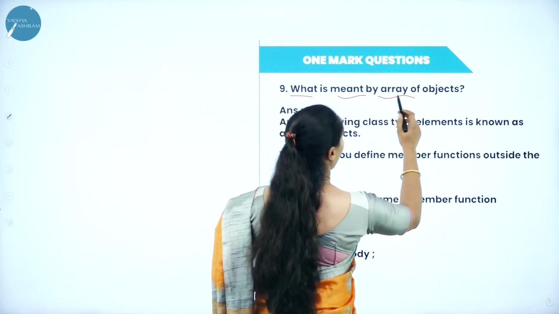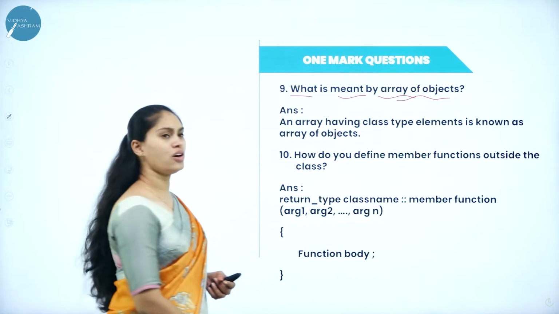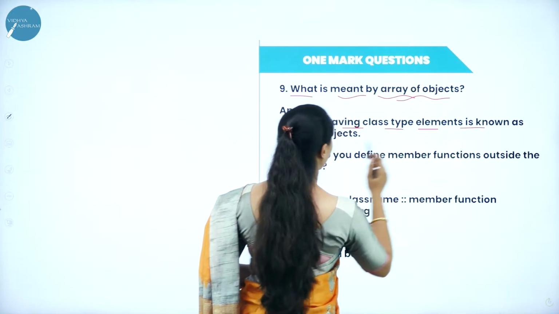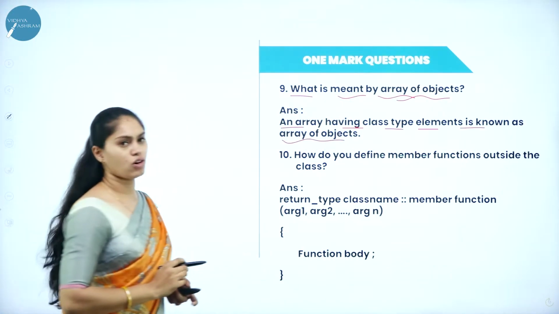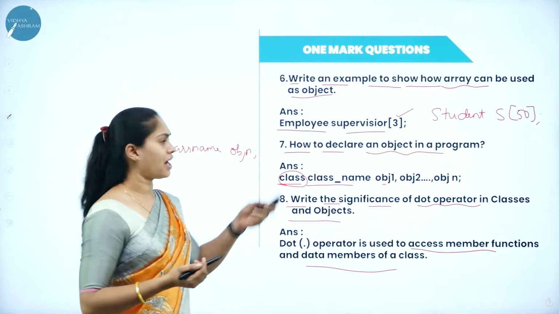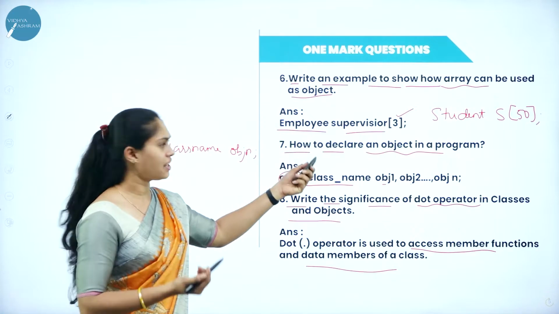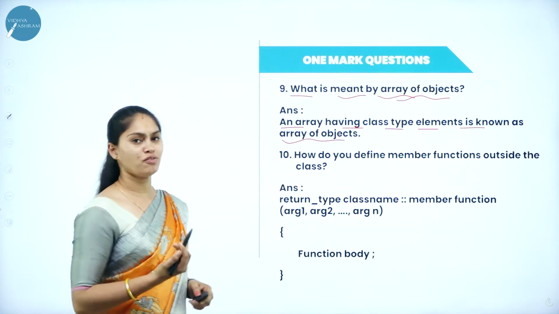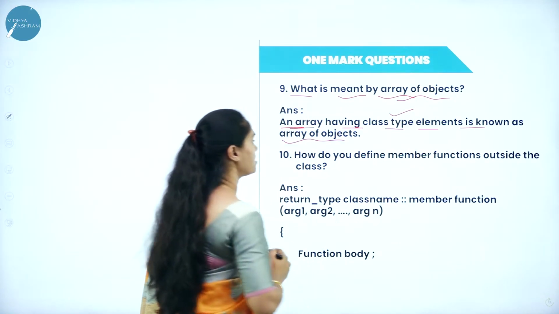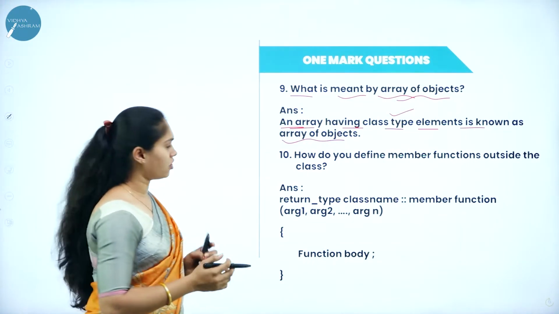What is meant by array of objects? If an array has class type elements, then that will be considered as an array of objects. This is the example for array of objects.